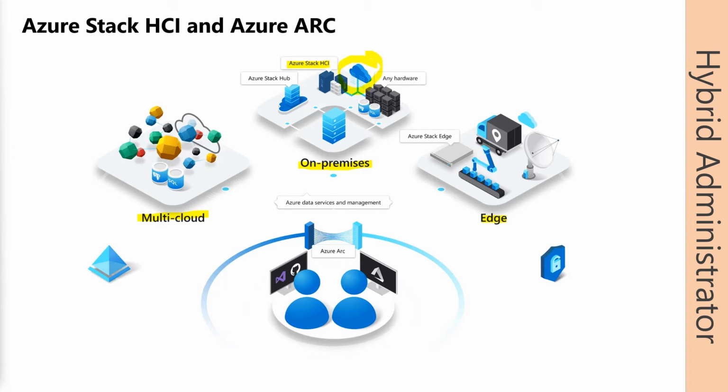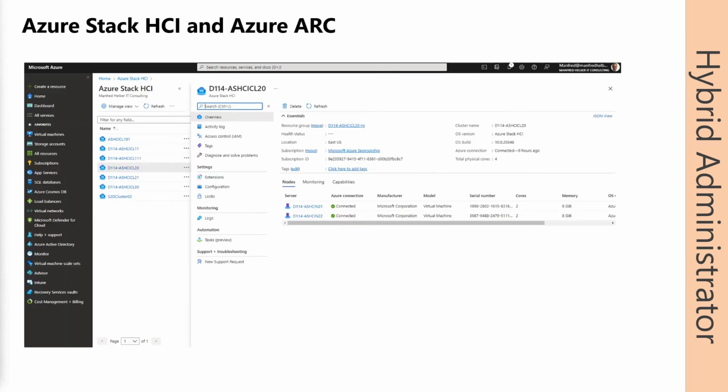Via Azure Arc, we are able to use powerful Azure functionality to configure and manage our on-premises systems. Here we have a screenshot and a view on the Azure Stack HCI cluster in Microsoft Azure. Here I see the information about the cluster.